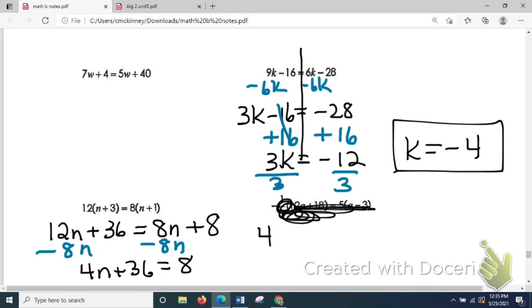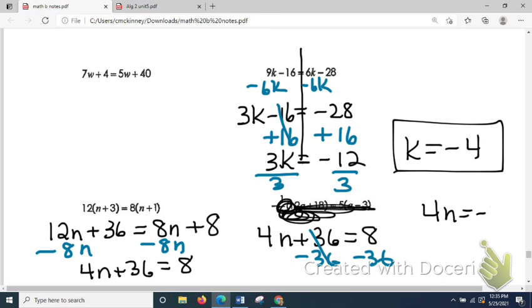Now we have a two-step equation. Subtract 36 on both sides. And then last step, you got it, divide both sides by 4. So n is negative 7.